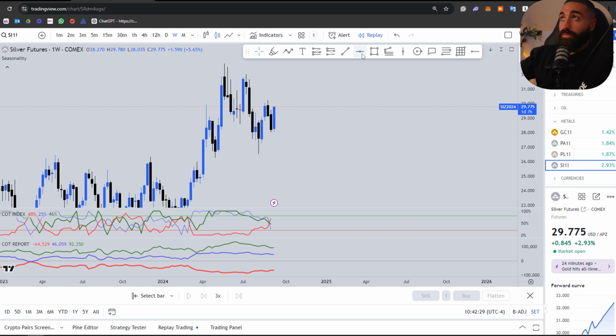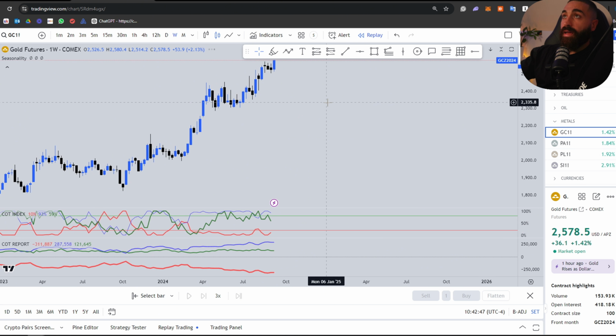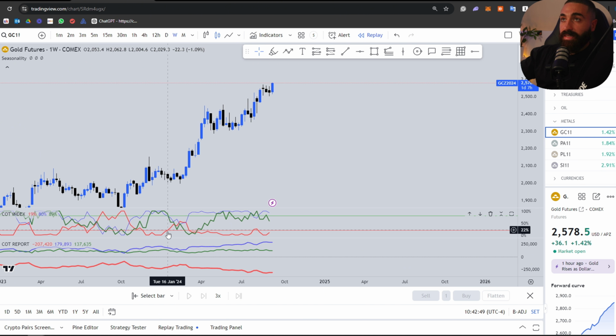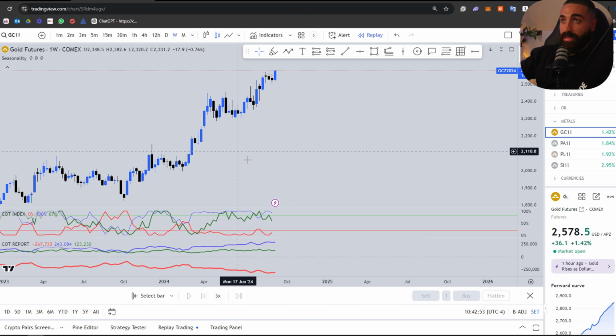As you can see, when we reached this demand area right here, I looked at the COT and we were moving upwards. Compared to before, we were moving upwards, which gave me the confidence that we could go higher, but I did not use this alone. Now again on the gold, we can see that over here is the last time we saw the move upward on the percentage.